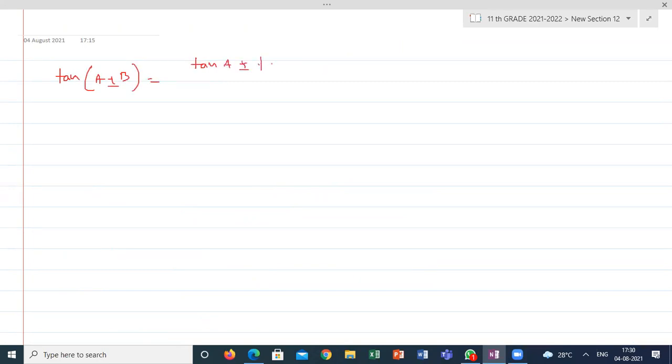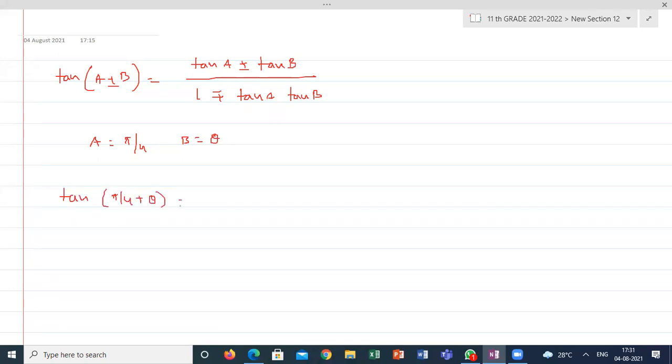Tan A plus or minus tan B divided by 1 minus or plus tan A tan B. With the help of this, if A is equal to pi by 4 and B is equal to theta, I can write tan of pi by 4 plus theta as tan pi by 4 plus tan theta divided by 1 minus tan pi by 4 tan theta.